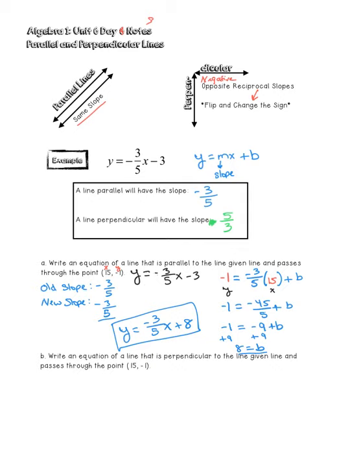Now we're going to write the equation of a line that is perpendicular. Old slope is negative 3 over 5. New slope is positive 5 over 3.